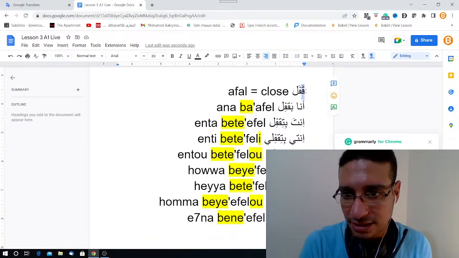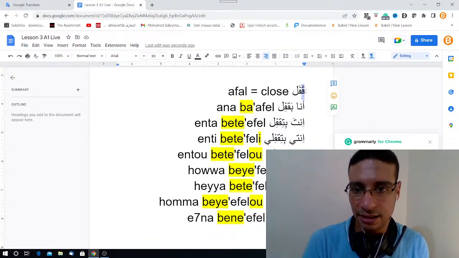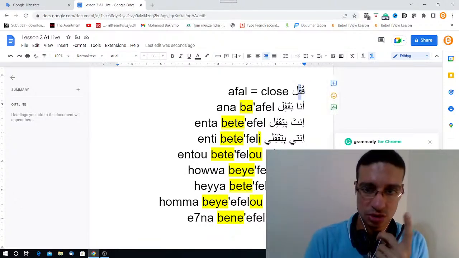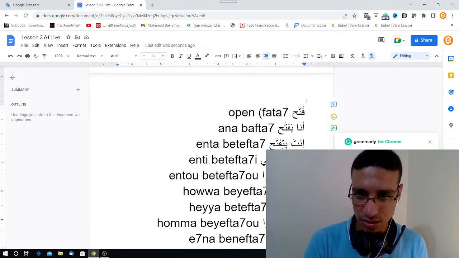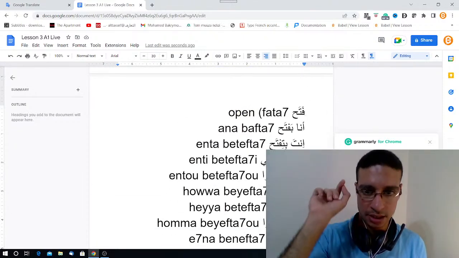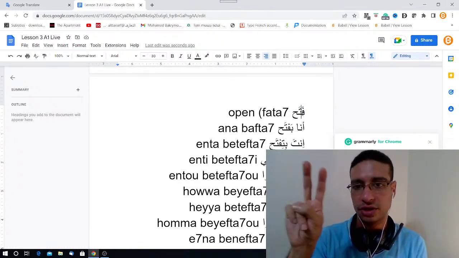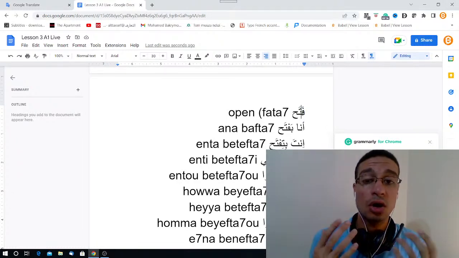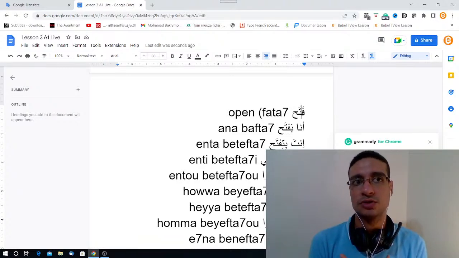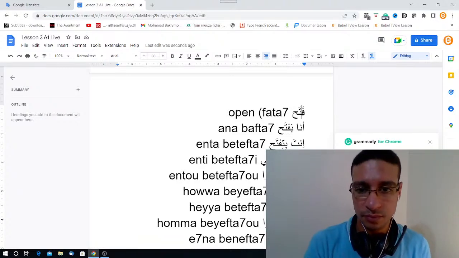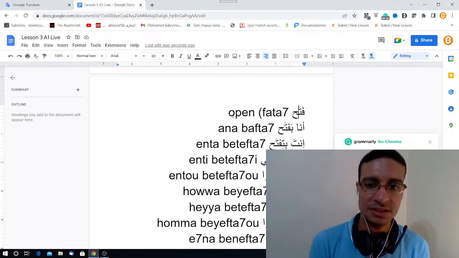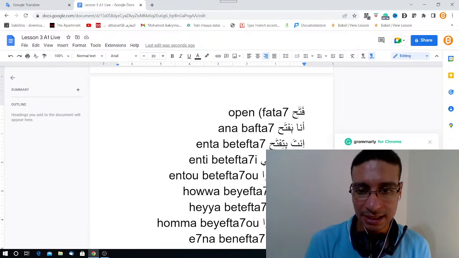This one has double dots, and this one, one dot. So you have like a circle and then one dot above. This is fa, and if there's double dots, it's qaf, but in Egypt it's pronounced more like a. So fatah, this is the verb to open. Ana baftah.